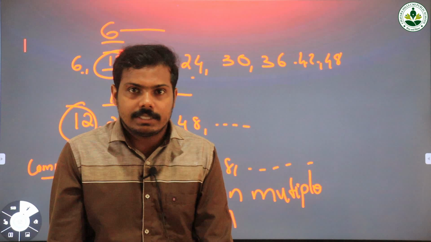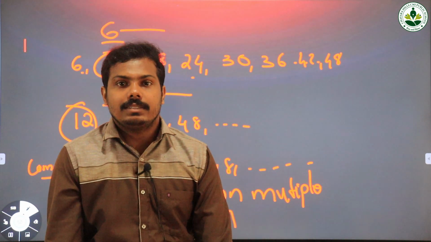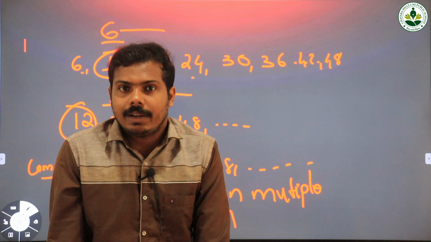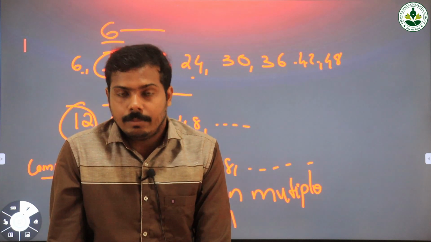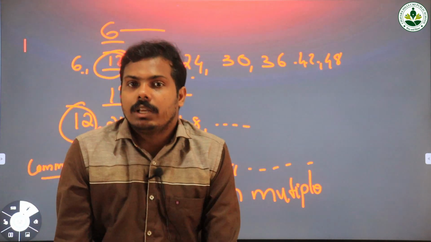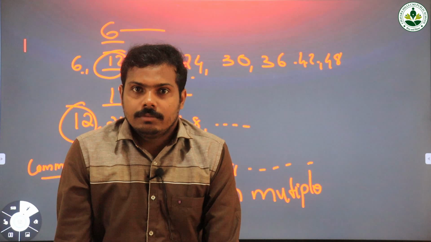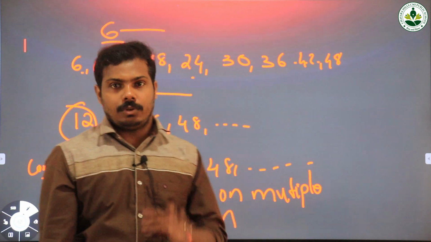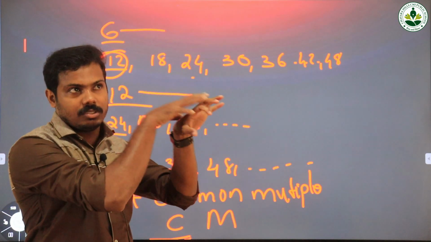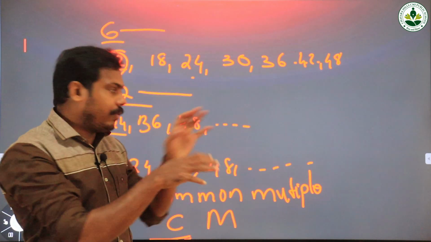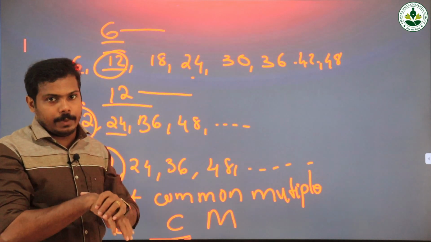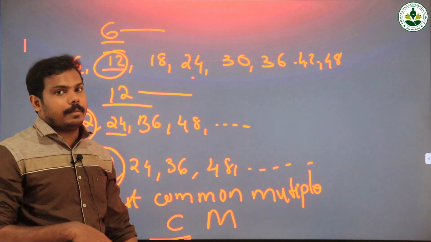Factors are the numbers that divide the number exactly. Multiples are what we get when we multiply the number with 1, 2, 3, 4, etc. So remember, we use factors for finding the HCF, highest common factor, and we use multiples to find the LCM, least common multiple.